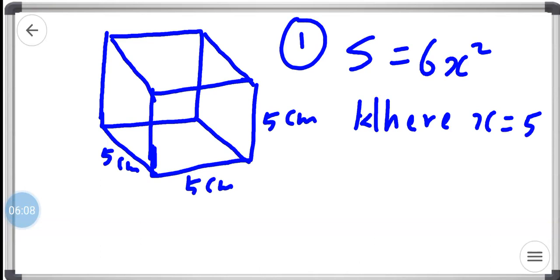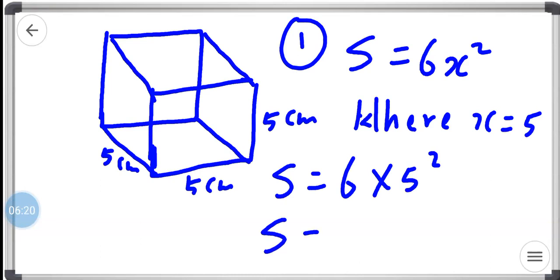So my S equals 6 multiplied by 5 squared, which is 6 multiplied by 5 multiplied by 5, because 5 squared means 5 in 2 places.